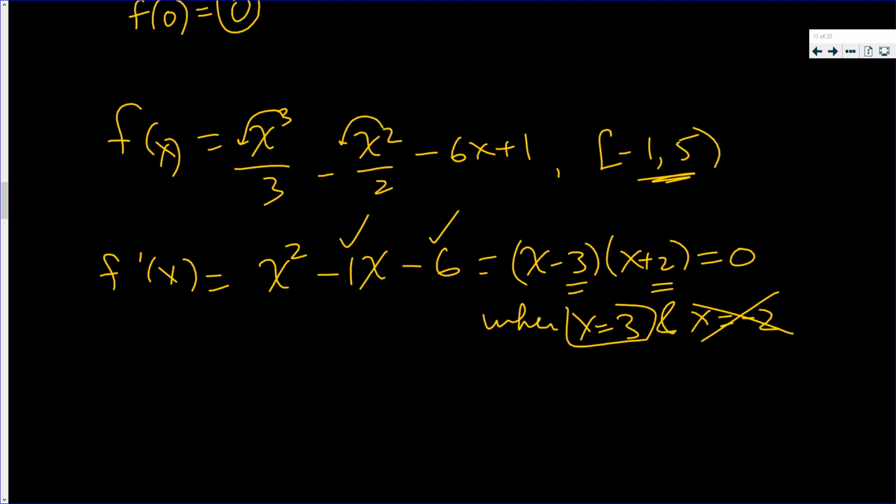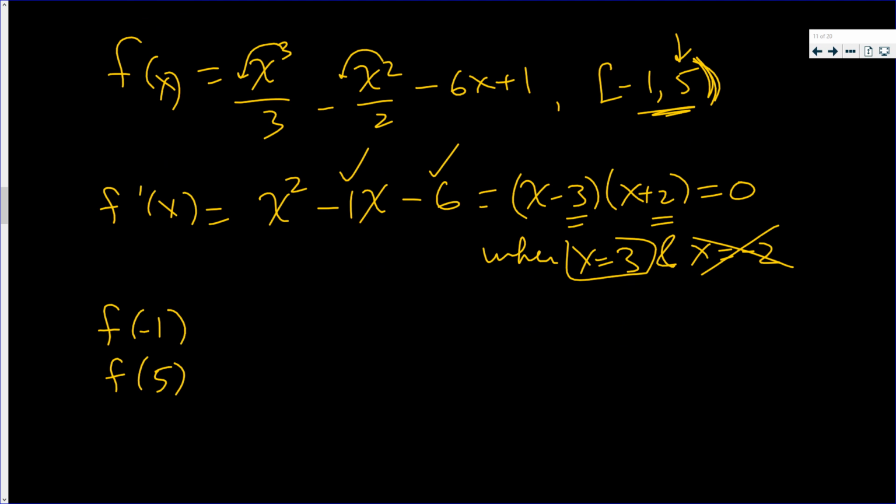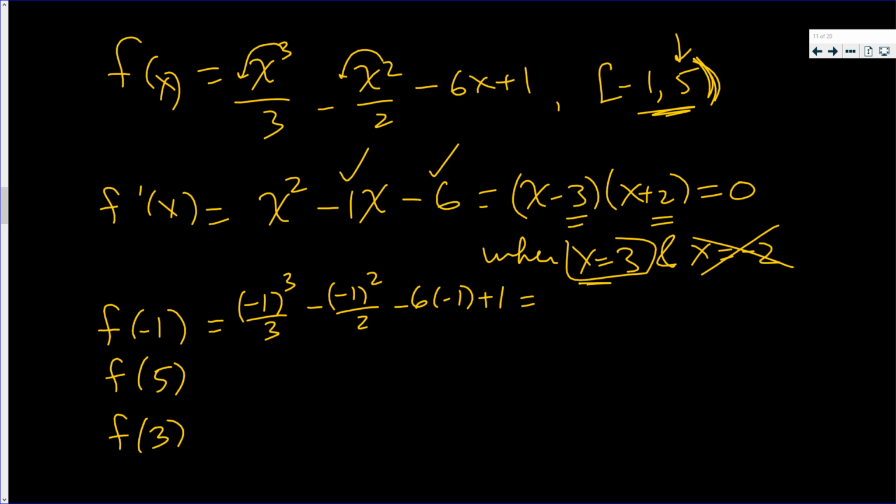Okay. So now we need to check f of -1, f of 5, and if f of 5 is a max or a min, since it's not included, it's open, we're gonna reject it. And we also have to check f of 3, the critical values. So we get -1 cubed over 3 minus -1 squared over 2 minus 6 times -1 plus 1.